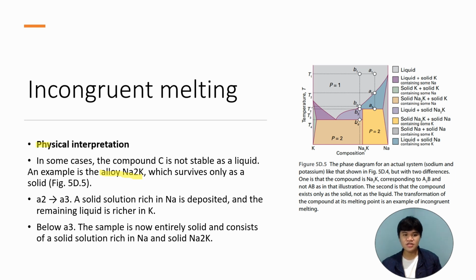For the physical interpretation of this diagram, in A2, as labeled here, it can be seen that it is reached in solid Na. So when the temperature lowers, or as A2 approaches A3, a solid solution rich in Na is deposited. The remaining liquid is richer in K.